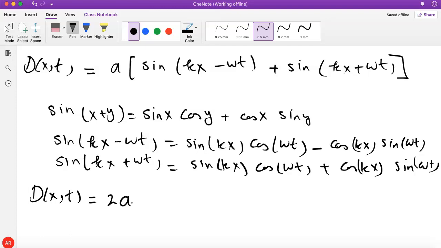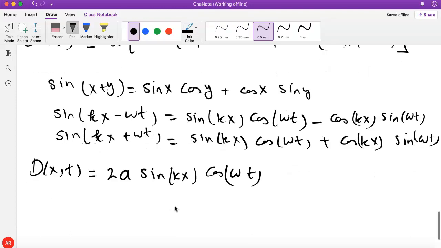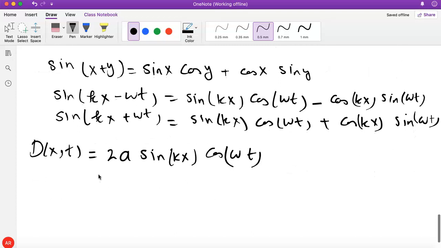So that's going to be D of x and t equals 2a sine kx cosine omega t. K is inside the parentheses here. So at every point we can imagine this thing to be an amplitude that depends on x, right?